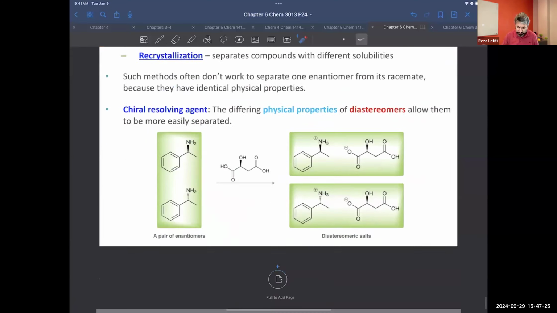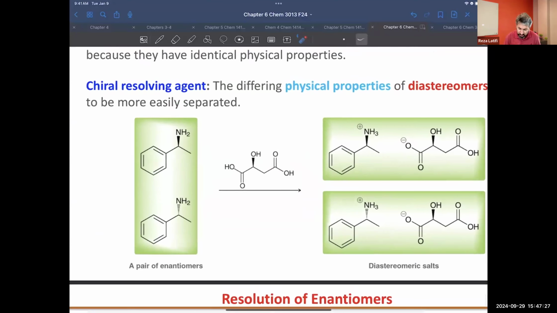In this case, I have 1, 2, 3. This is going to be S configuration, and here 1, 2, 3, because hydrogen is facing us, this is going to be R configuration. So S and R, those two are enantiomers. Next, we have 1, 2, 3. This is going to be S configuration.